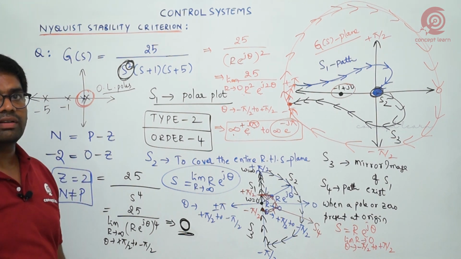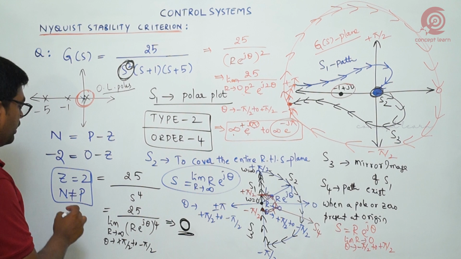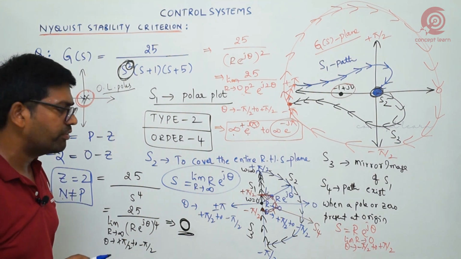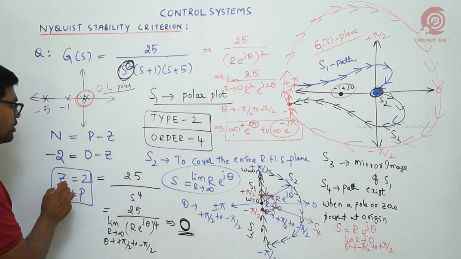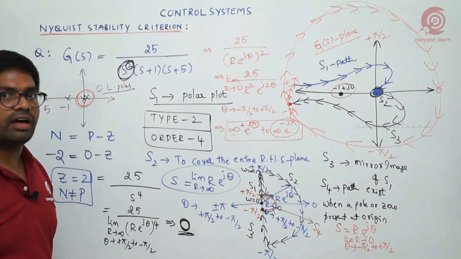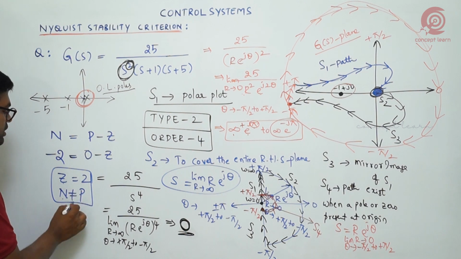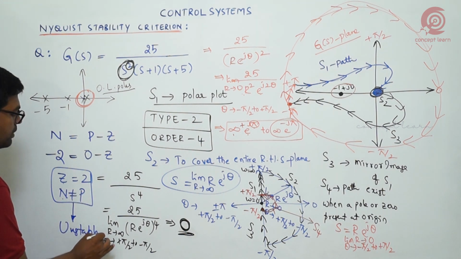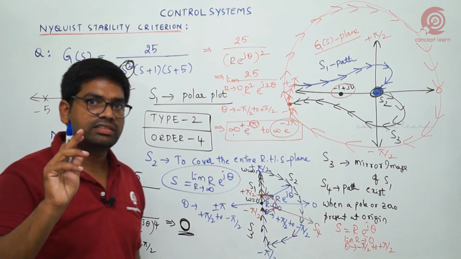How do we say a system is stable? The number of encirclements must equal the number of poles in the right half S-plane, and the number of open loop zeros must be 0 in the right half S-plane. But we didn't have that condition, because of that the system is unstable. So this comes in the unstable category.